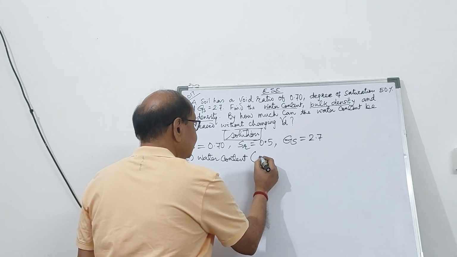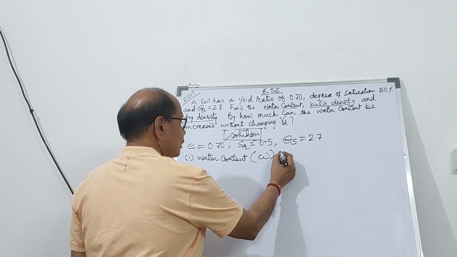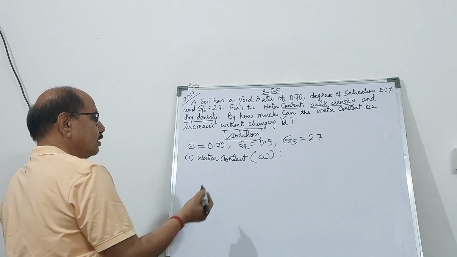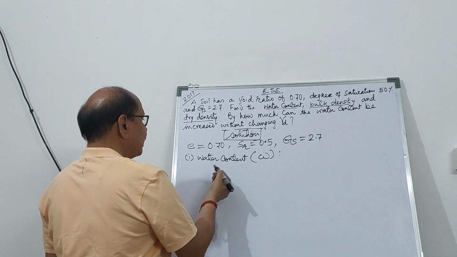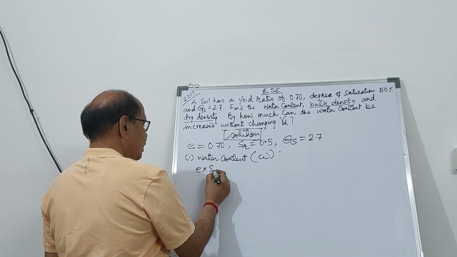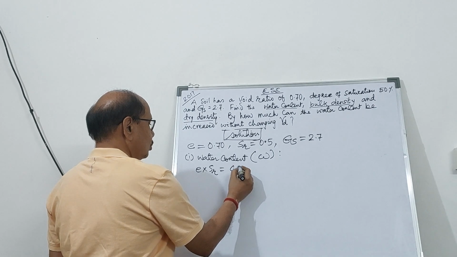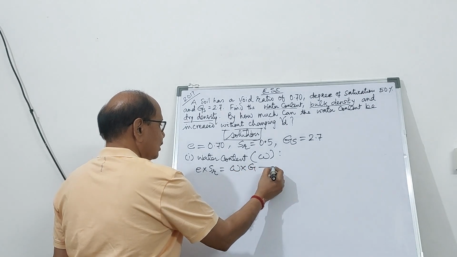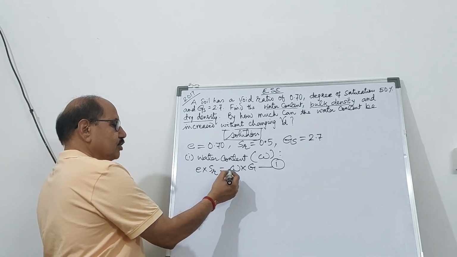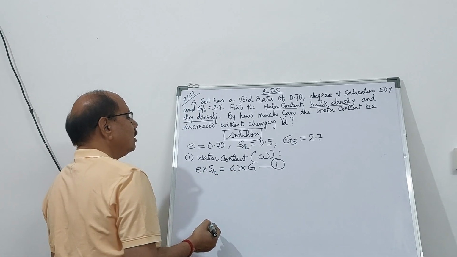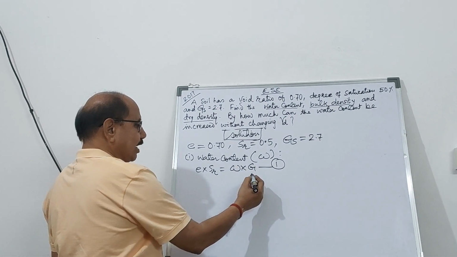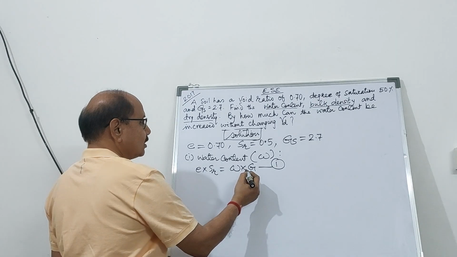So water content, the symbol as you know is W, and you can find it out very easily. So E into SR equal to W into G. This is the basic relationship between void ratio, degree of saturation, moisture content, and specific gravity of soil solids GS.